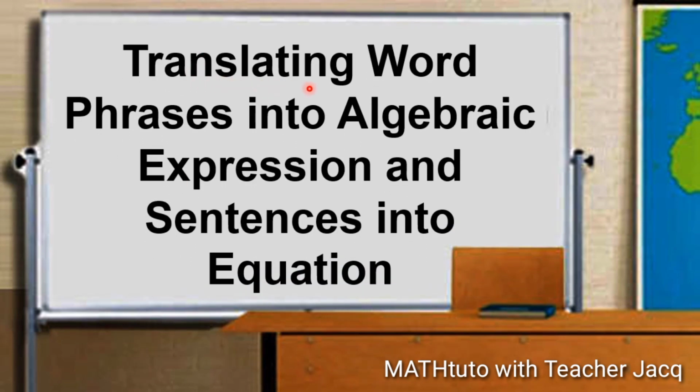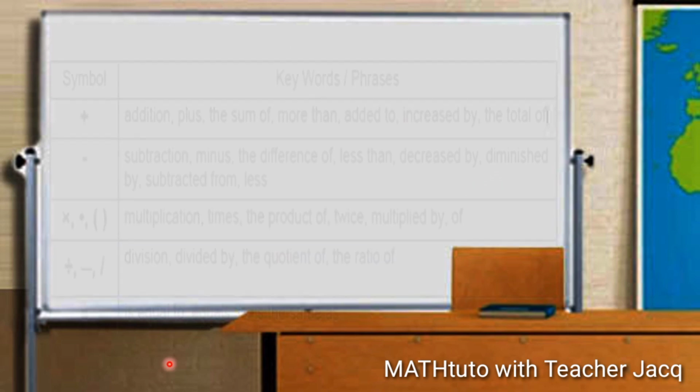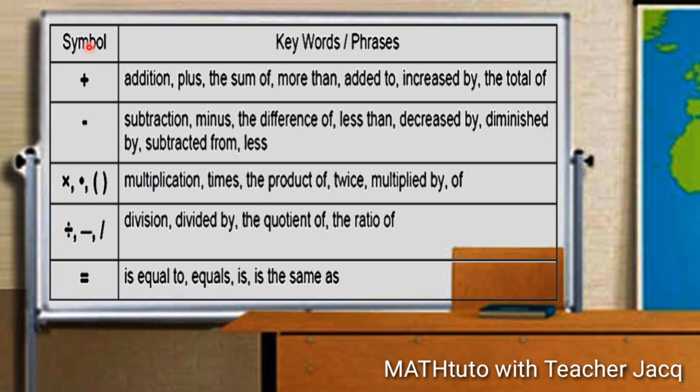In translating word phrases into algebraic expressions and sentences into equations, we need to be familiarized with the different words and phrases associated with symbols or operations. So let us study the table. We have here on the first column the symbol, and on the second column the keywords or phrases.